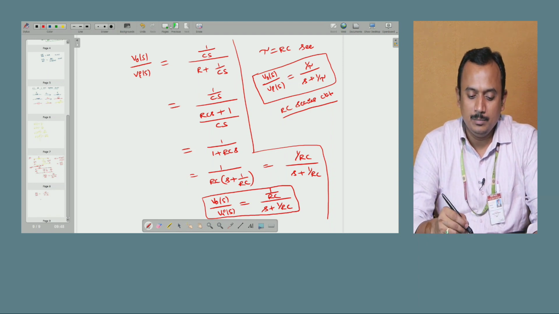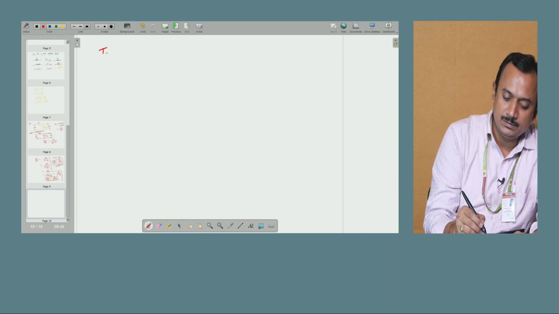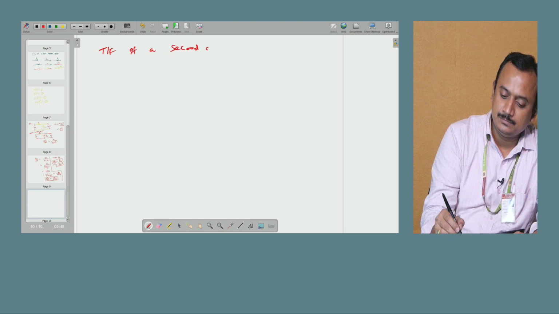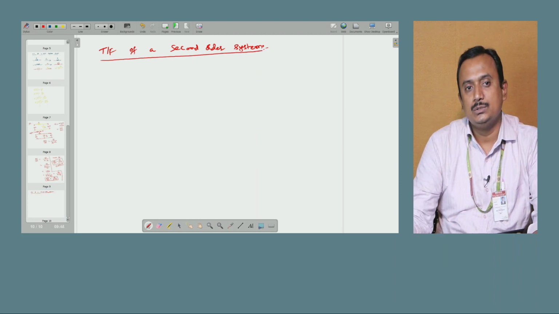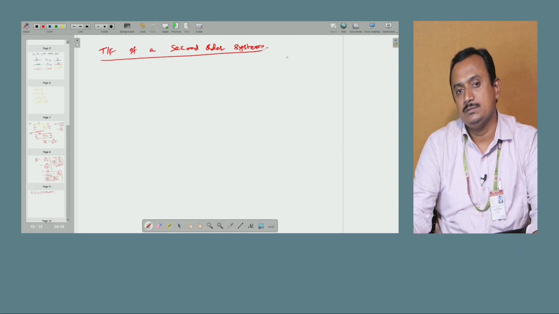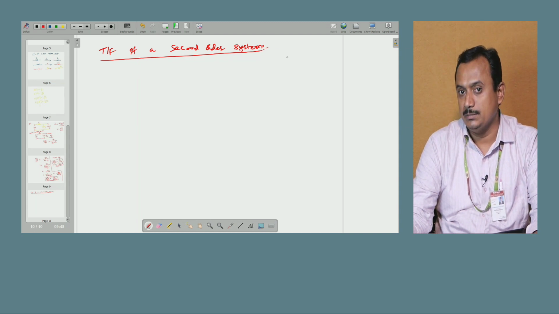Now let me start finding the transfer function of a second order system. As I told you, the order of the system depends on the number of energy storage elements.